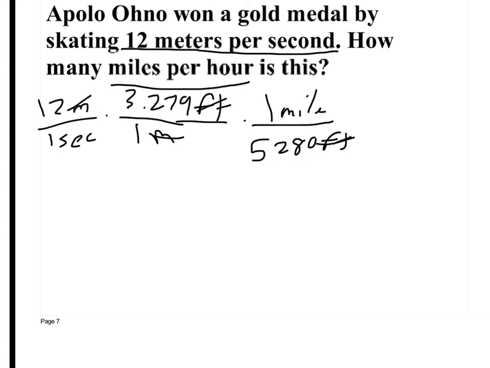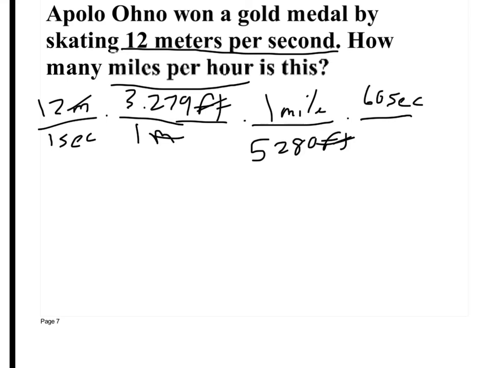No, I need to change it to hours. So I need to get rid of seconds. So if seconds are on bottom, where does seconds need to go? Do I know how many seconds are in an hour? Yeah, I just told you it's 3,600. But if you don't know, can we go to minutes first and then minutes to hours? Yeah. Let's do that.